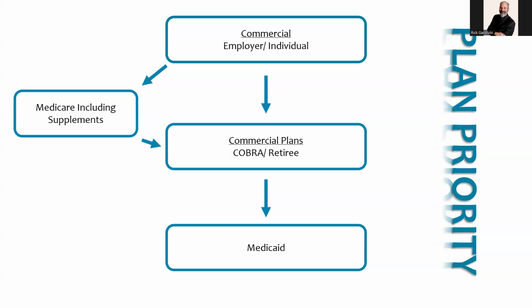Now, the exception that I just talked about for Medicare Advantage plans being secondary to a commercial employer plan. The exception to that is if the employer has less than 20 employees, then the Medicare Advantage plan will be the primary and the employer plan will be the secondary.